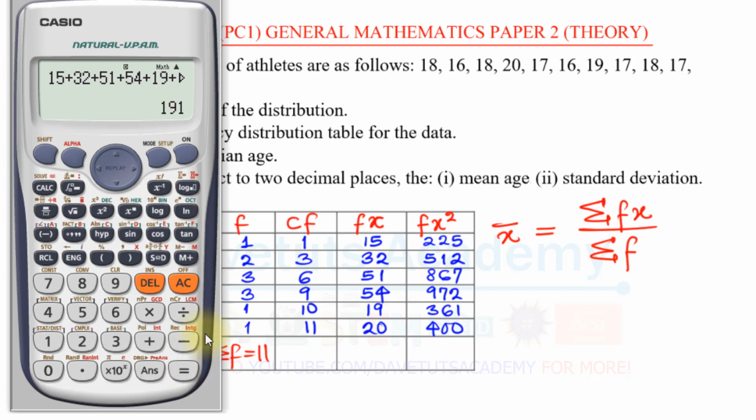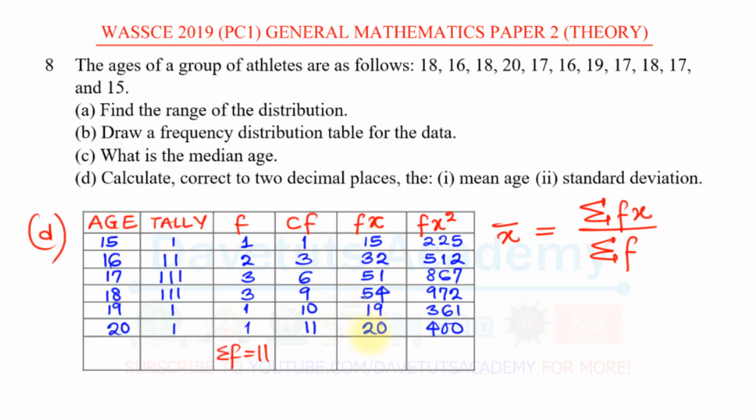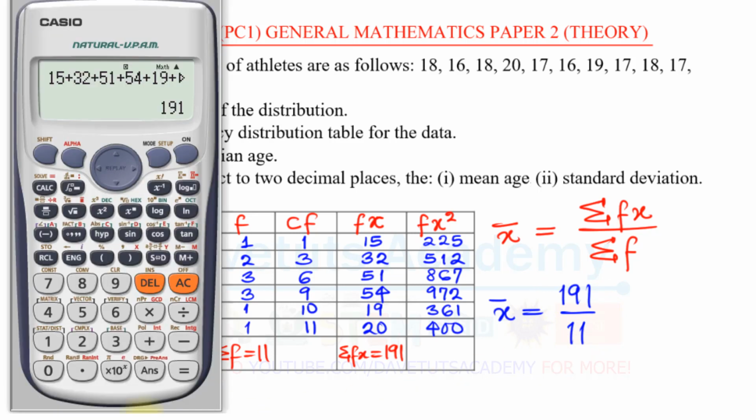This is going to give us 191, meaning that the sum of sigma fx is equal to 191. All right, so we know sigma f to be 11, meaning that our mean that we are asked to find in the first case is going to be 191 over 11.